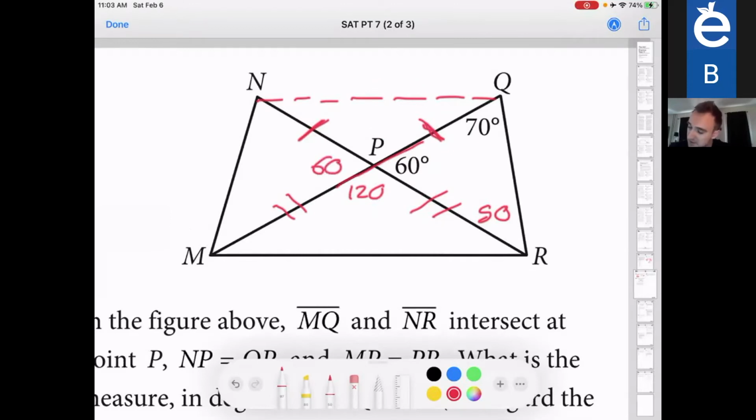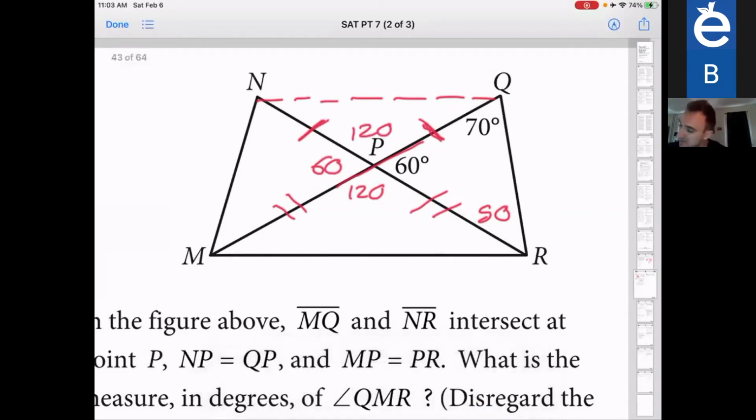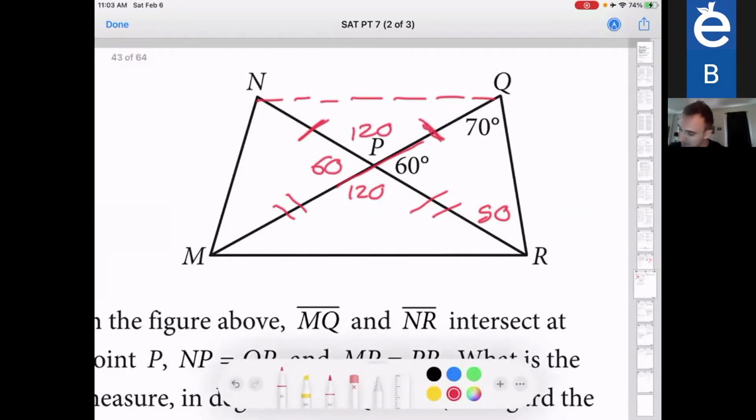This angle P up here, to be more specific, NPQ must be equal to 120. I know that this isosceles triangle MPR, with these 2 legs being equal to each other, has this angle and this angle equal to each other, and that includes angle QMR, which is helpful.